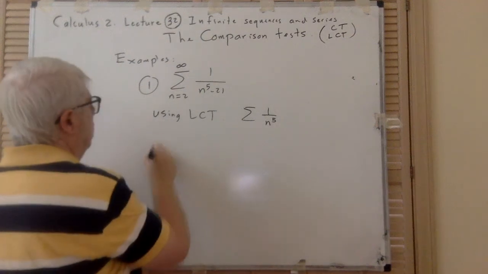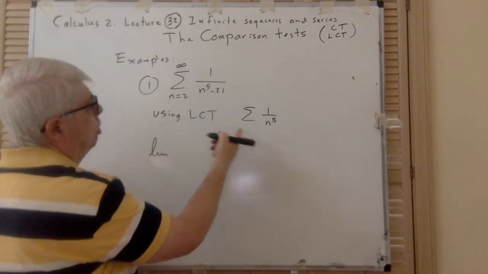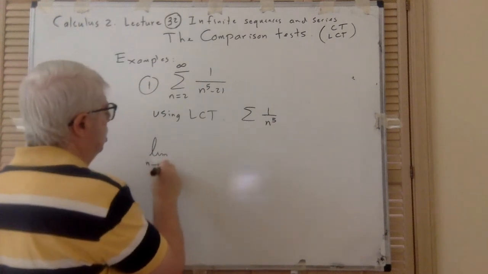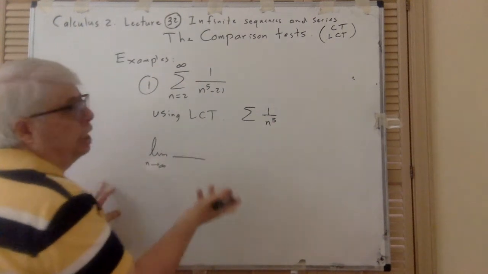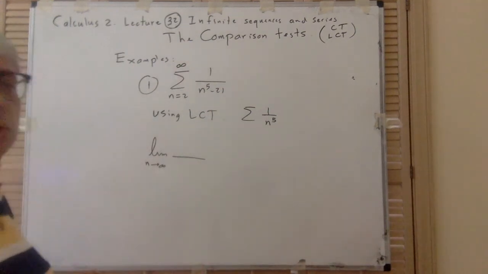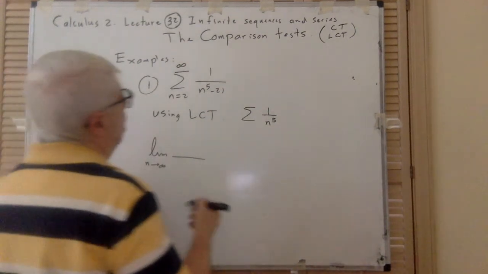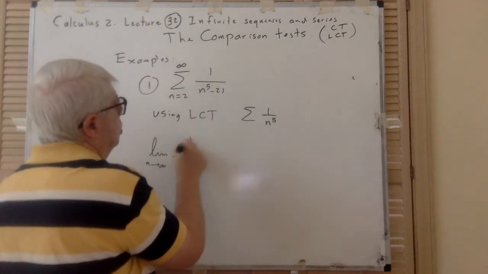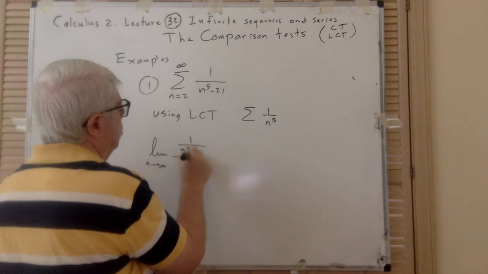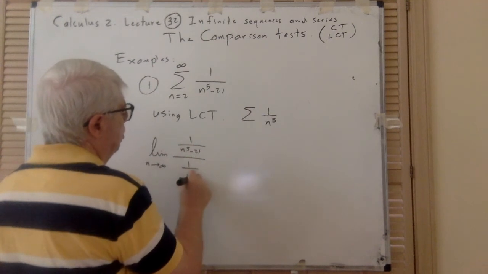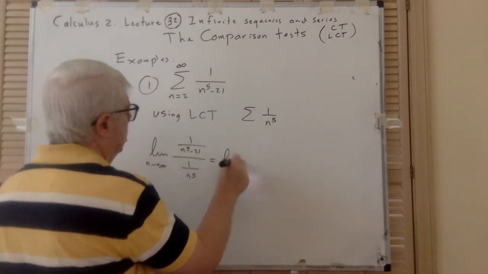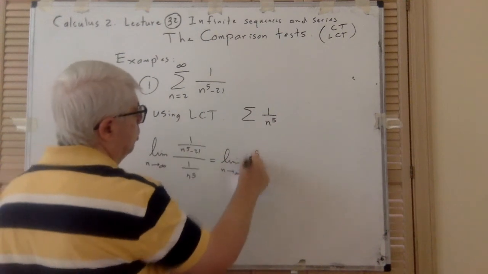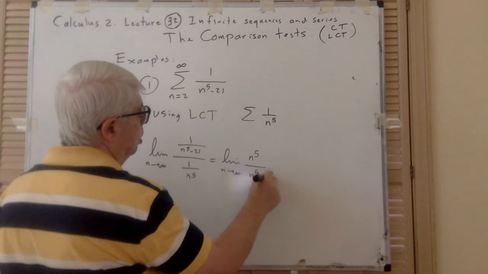Okay, so I need this limit. No matter which one goes on top, no difference. So the limit as n goes to infinity, remember that was A and B, and no difference which one goes on top. I can write this one on top: n^5 minus 21 and 1 over n^5, that is the limit as n goes to infinity. This goes on top, n^5 over n^5 minus 21.